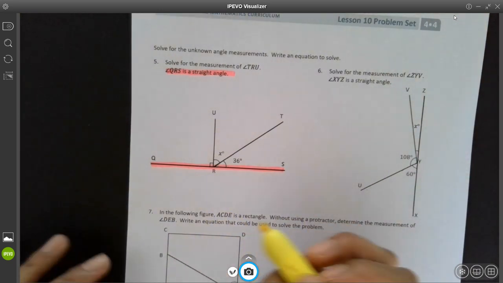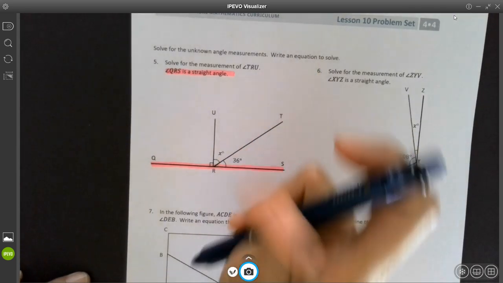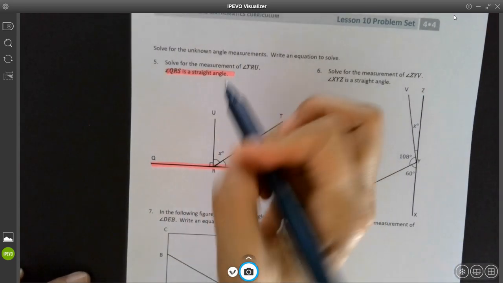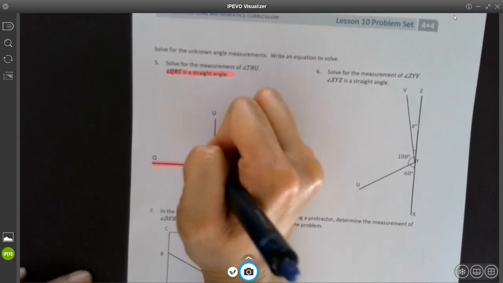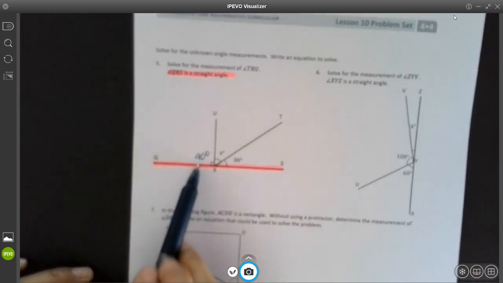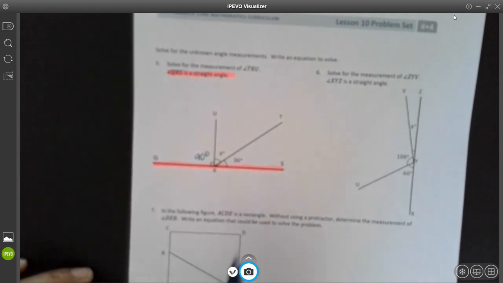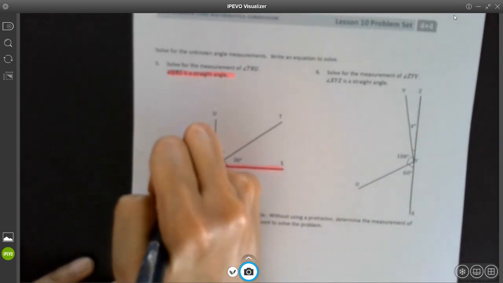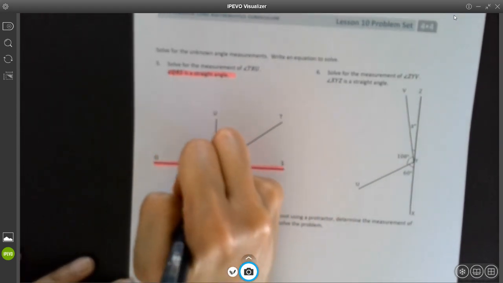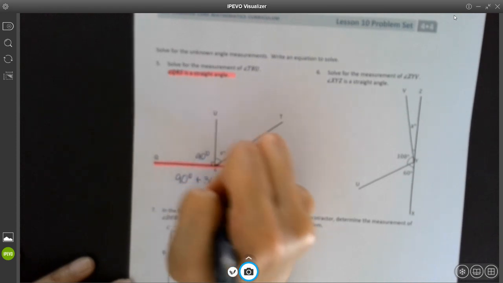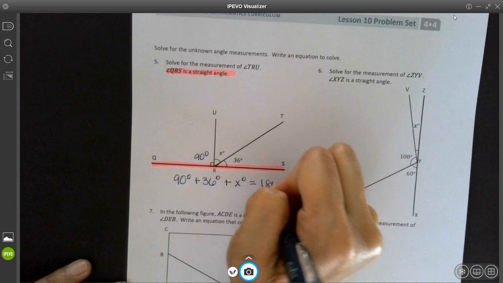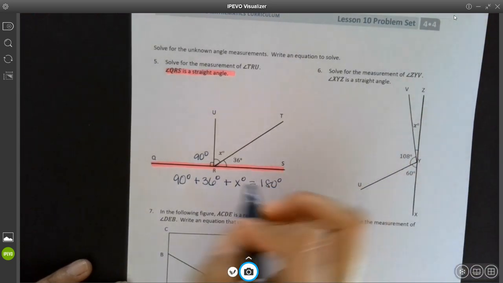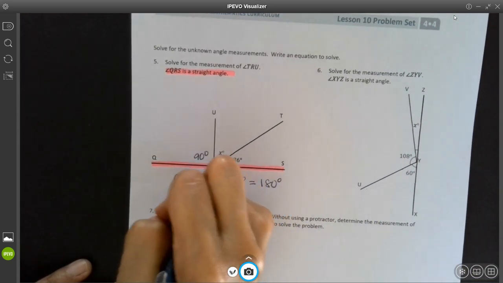So what do we know? We know that right here we have a right angle. I see this little box right here. So that means that's 90 degrees right there. So we know 2 of the angles. So our equation will be 90 degrees plus 36 degrees plus X degrees equals 180 degrees. So I can add these 2 together.